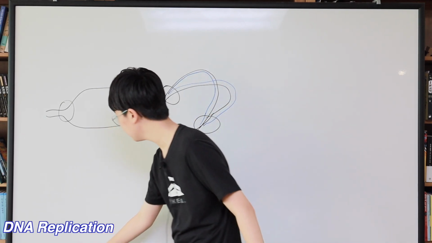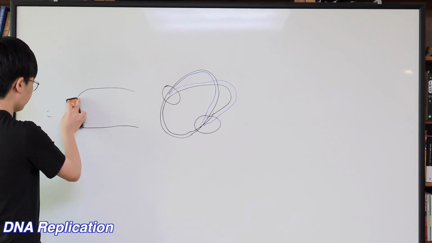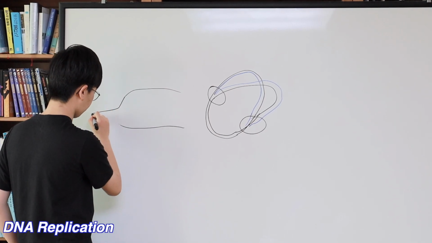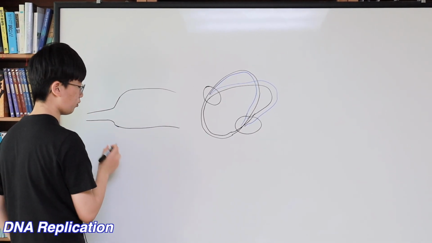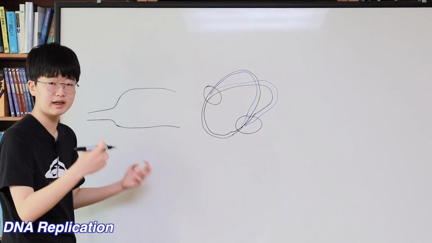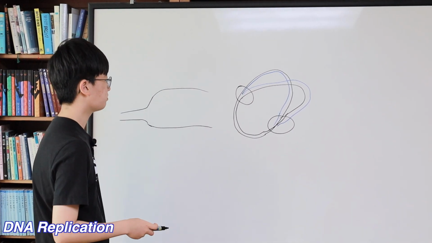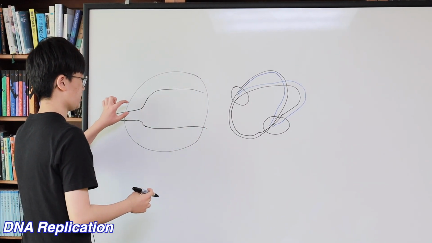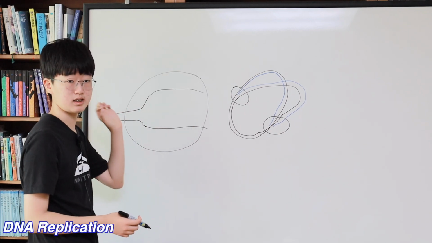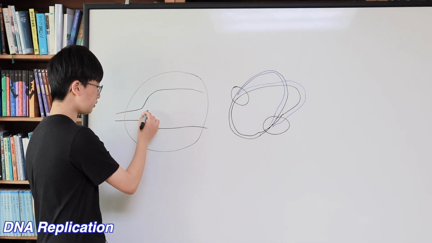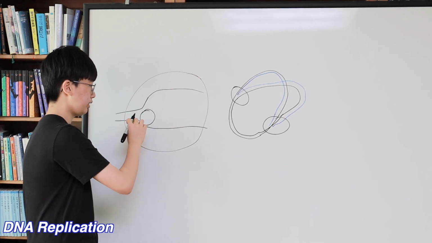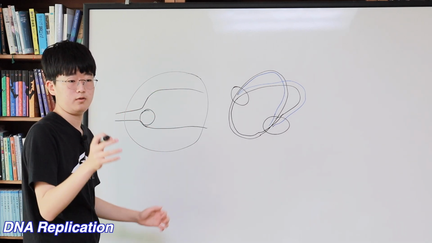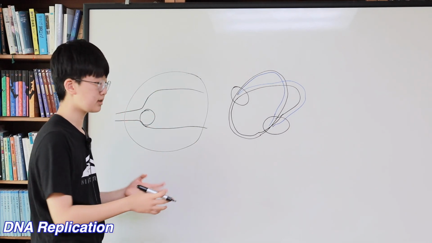To be a bit more specific, or more correct, you might see the whole thing as a replication fork, where this is where the replication fork is starting. So there is an enzyme here that, as I said, DNA is all twisted up in a double helix.